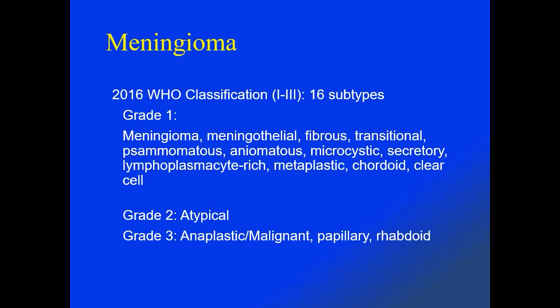The 2016 WHO classification identifies 16 subtypes of meningiomas, with most of them being low-grade, grade 1 tumors, with the atypical variety being identified as grade 2 and anaplastic, papillary, and rhabdoid subtypes being grade 3.